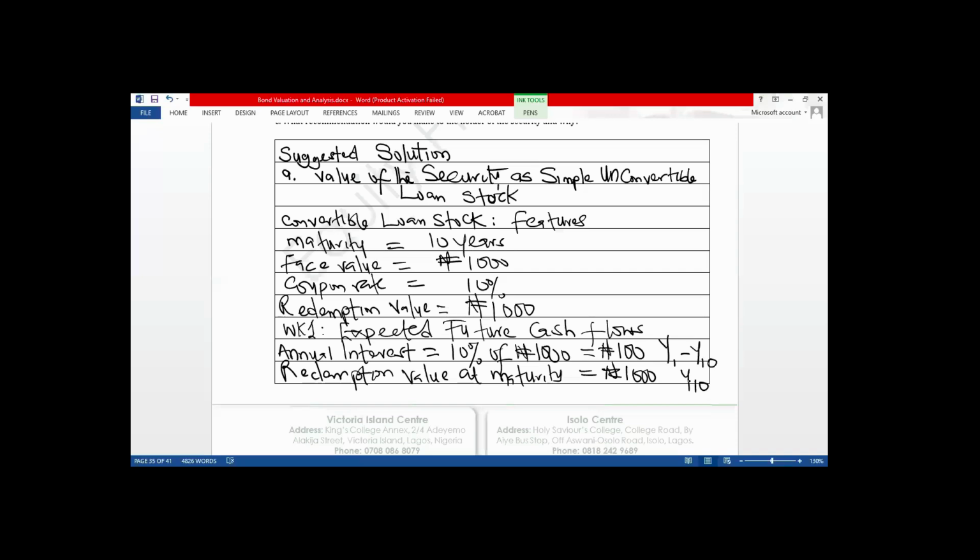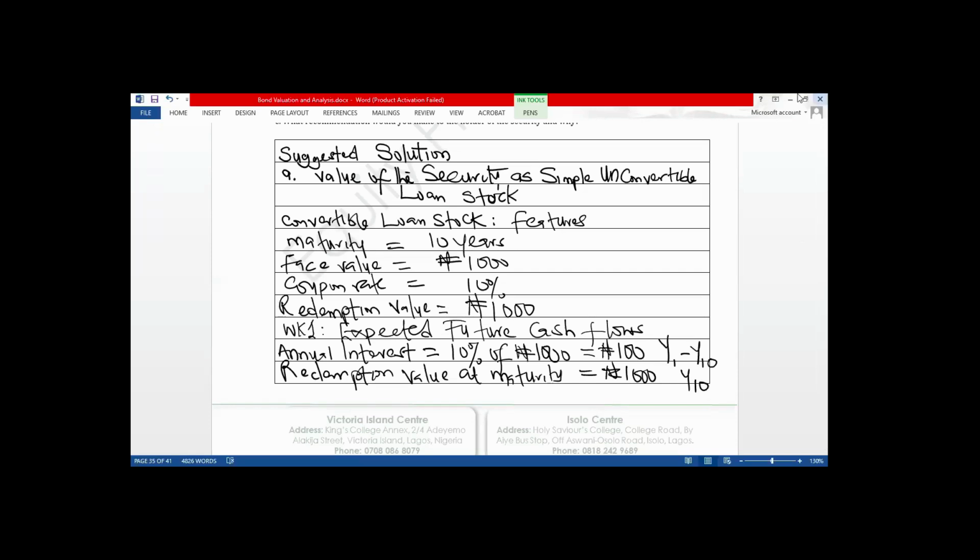Now the question is, which discount rates are we going to use? We have gotten the cash flow. The next order is to identify the discount rates we are going to use to discount these cash flows.